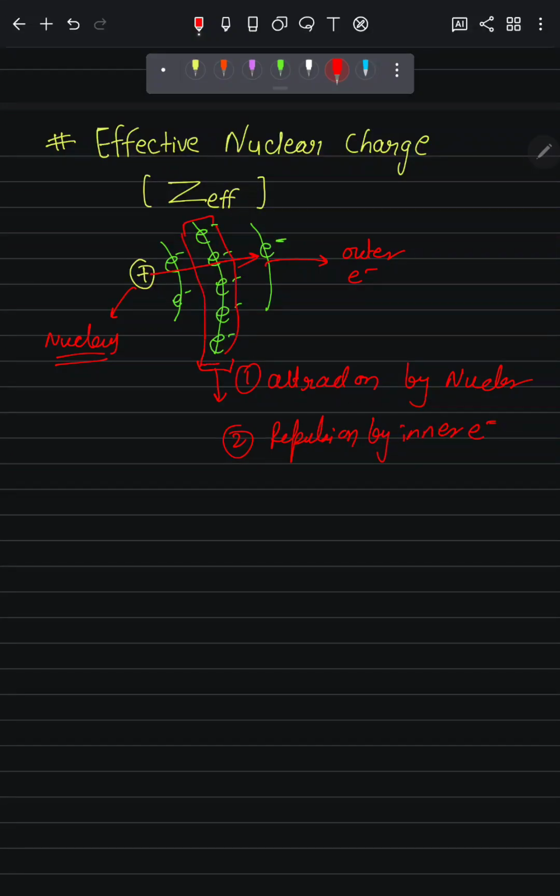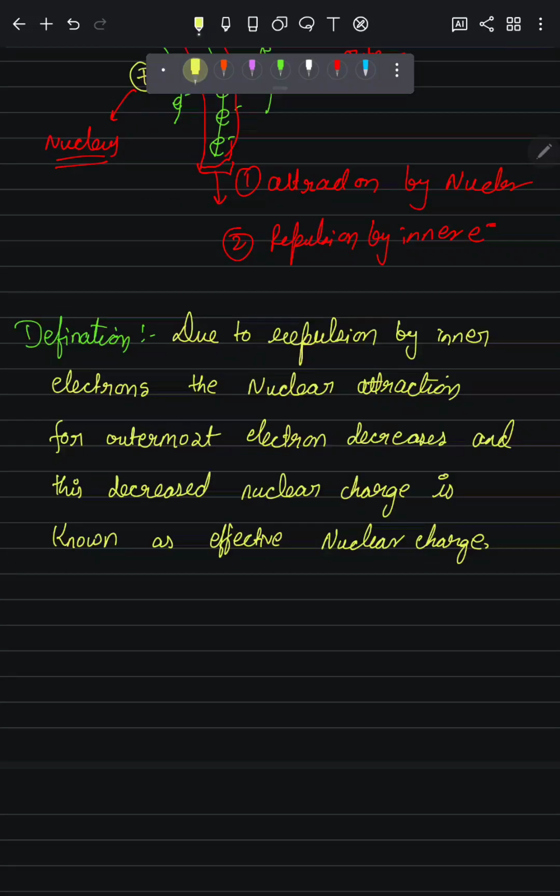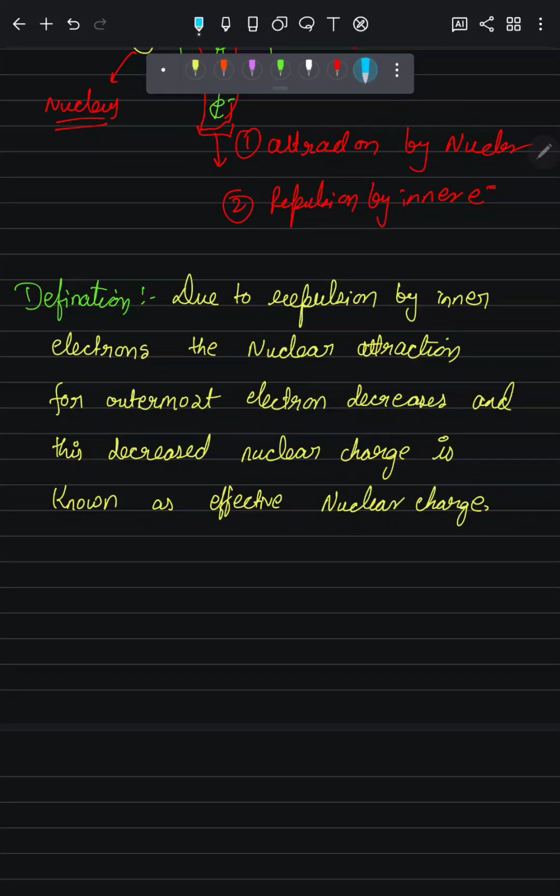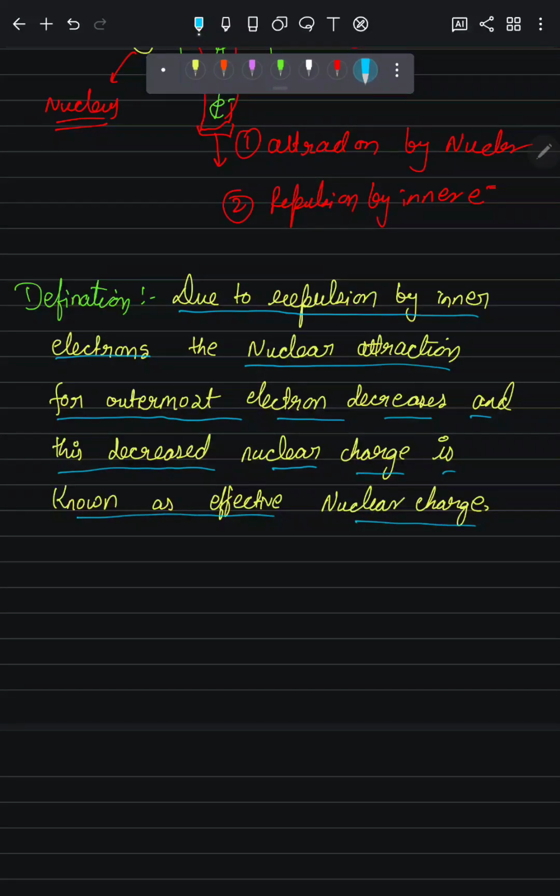Their repulsion causes the Z effective, the effective nuclear charge, to decrease. According to the definition, due to repulsion of inner electrons, the nuclear attraction for the outermost electron decreases, and this decreased nuclear charge is known as effective nuclear charge.